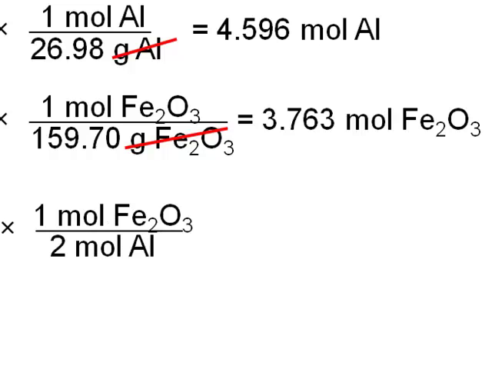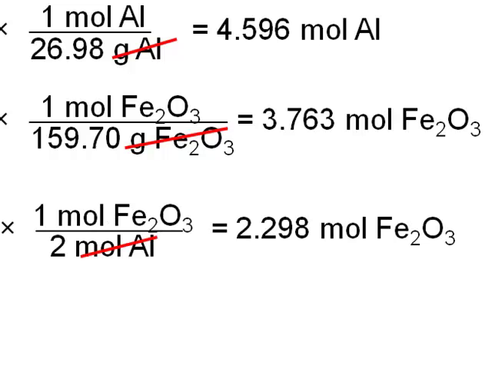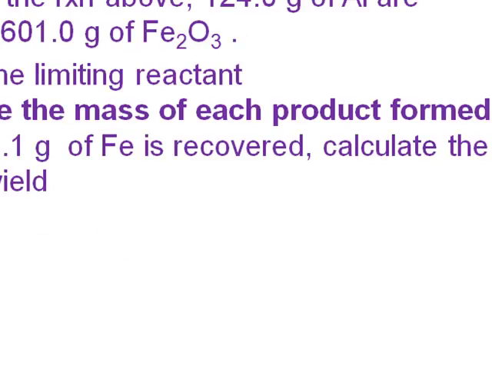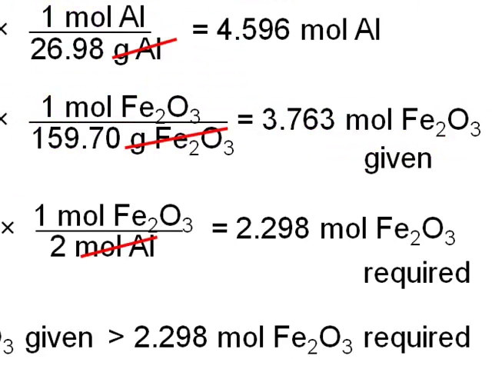Iron compound into moles of iron. And then aluminum into iron compound. We compare these two, which one is bigger? Okay, the iron compound that we originally have, so the moles we were given is bigger. That means that the other compound, the aluminum, is going to be our limiting reactant.